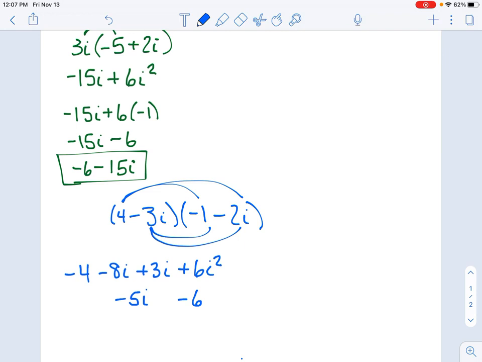I missed a sign, didn't I? This is a +3. There we go. Whoop, whoop. Switch some signs. There we go. All right, now we're on the right track.